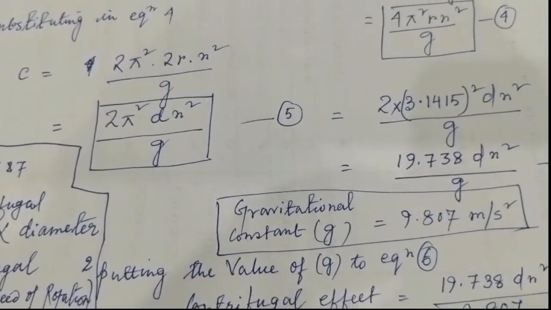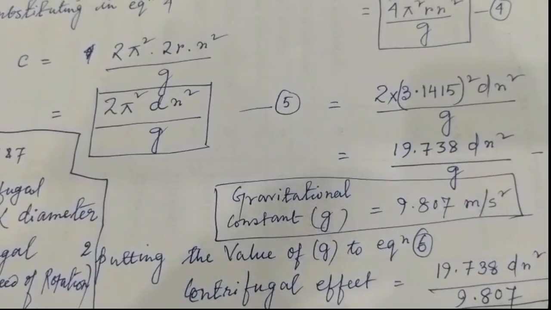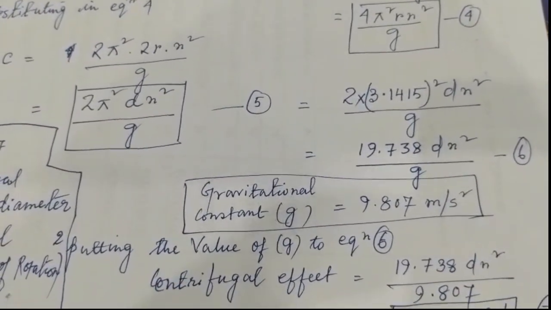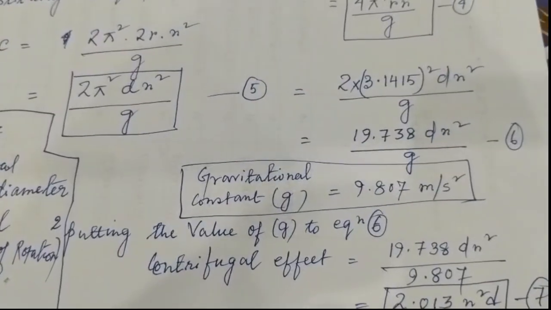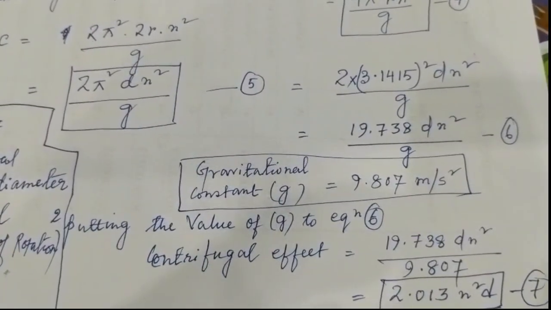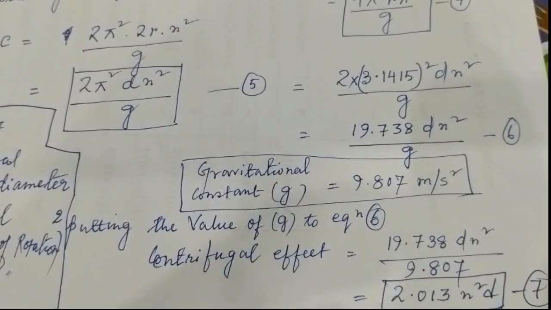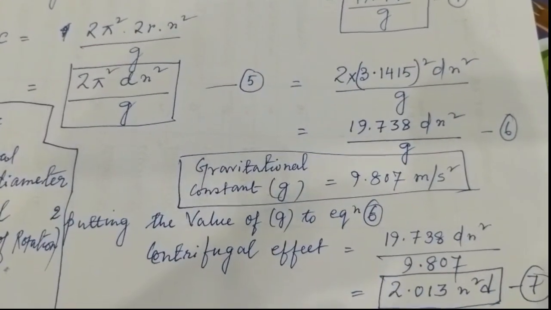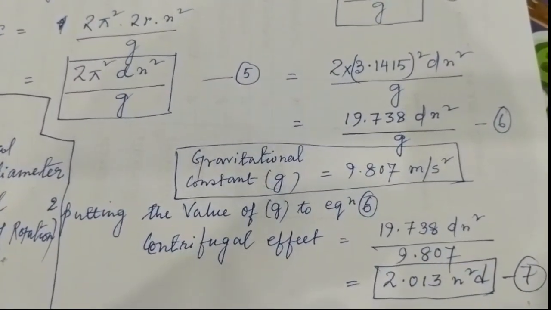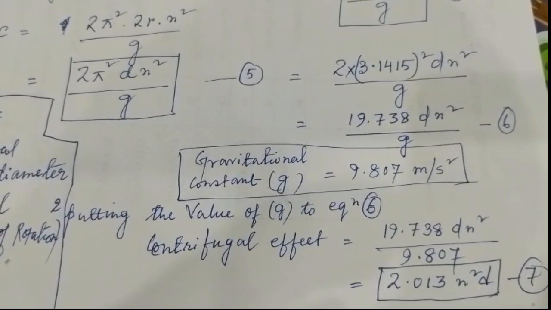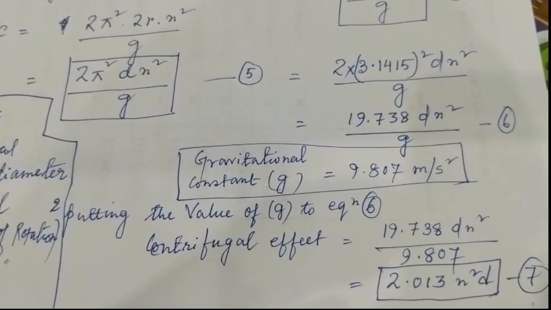If you substitute the value of g in this sixth equation, we get the centrifugal effect equal to 19.738 d n square by 9.807, that is 2.013 n square d, or d n square.